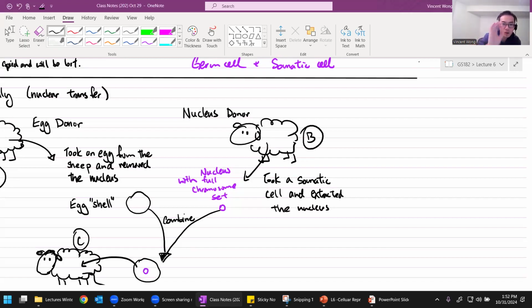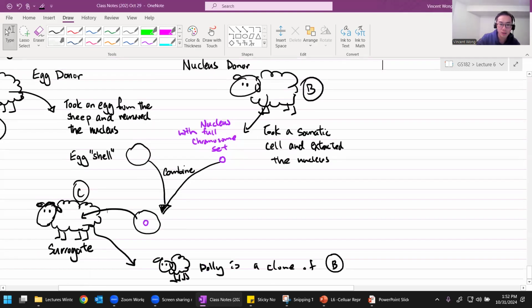So when they extracted the nucleus from the donor and used it to grow Dolly, when Dolly was born, even though it's a baby sheep, so age-wise it is age 0, like a newborn, genetically the age would be the same as sheep B because it inherited the same telomere length as sheep B. Right?